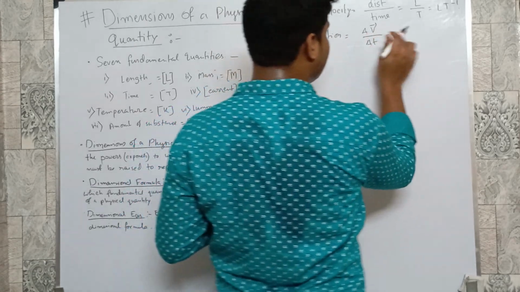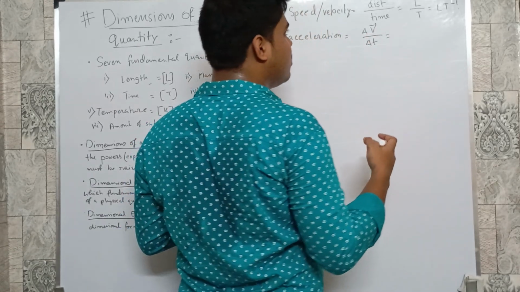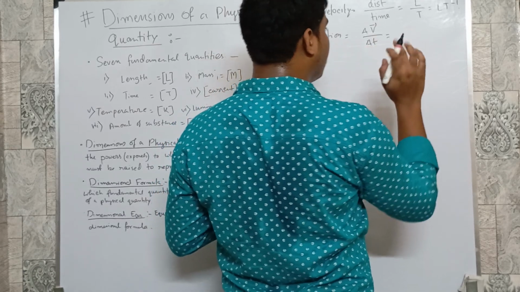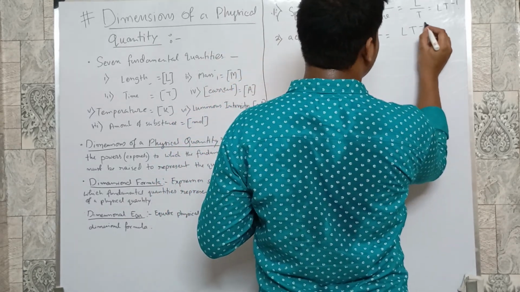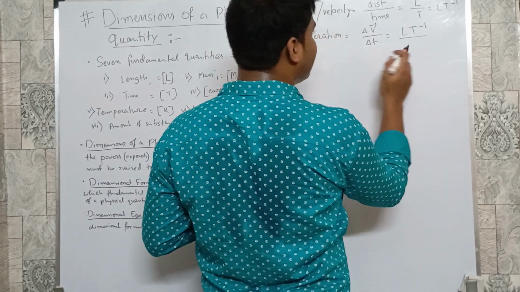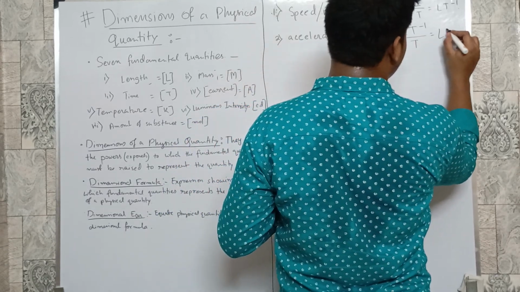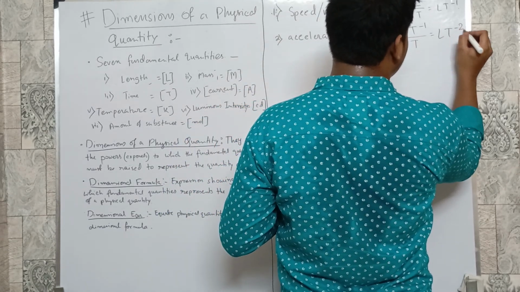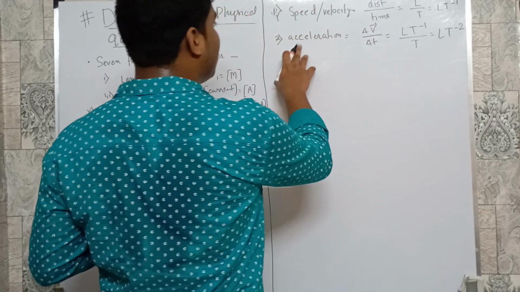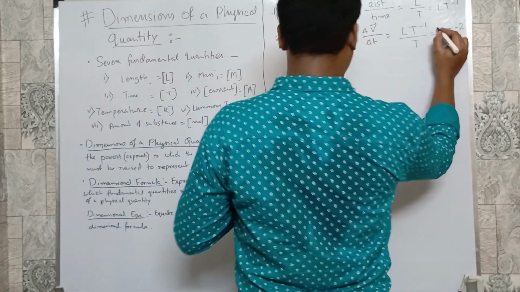Change in velocity is itself a velocity, so its dimension will be that of velocity, LT^-1, divided by change in time, whose dimension is also time. So we are left with LT^-2. The dimensional formula of acceleration will be [LT^-2].